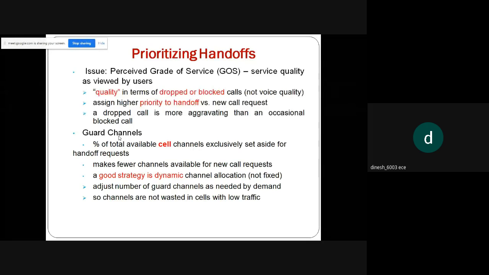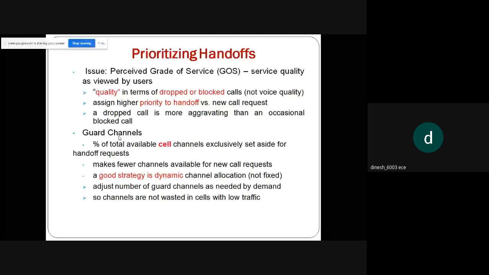So this means assigning higher priority to a handoff versus a new call request. A dropped call becomes a blocked call. So these three were the GOS to be considered in prioritizing handoffs by the base stations. It is not by the user, it is by the base stations.